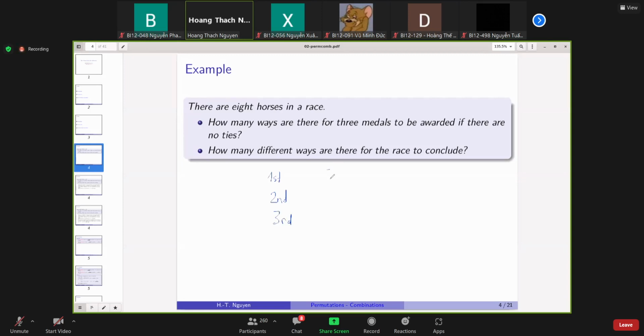So there are 8 possibilities for the first place, and after you have removed 1 horse, there are 7 possibilities left for the second place, and then 6 possibilities left for the third place. So in total, by the product rule, you multiply these numbers with each other and find the result.